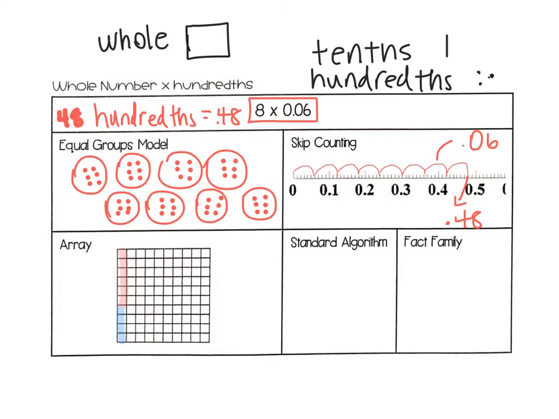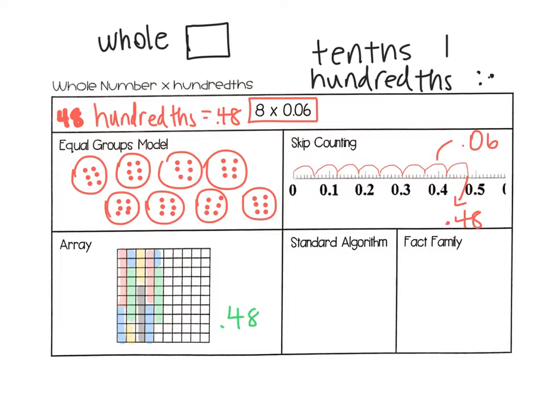Here goes 2 groups of 6, 3 groups of 6, 4 groups of 6, 5 groups of 6, 6 groups of 6, 7 groups of 6, and 8 groups of 6. If I count up all of those hundredths that I just shaded in, I shaded 48 hundredths.